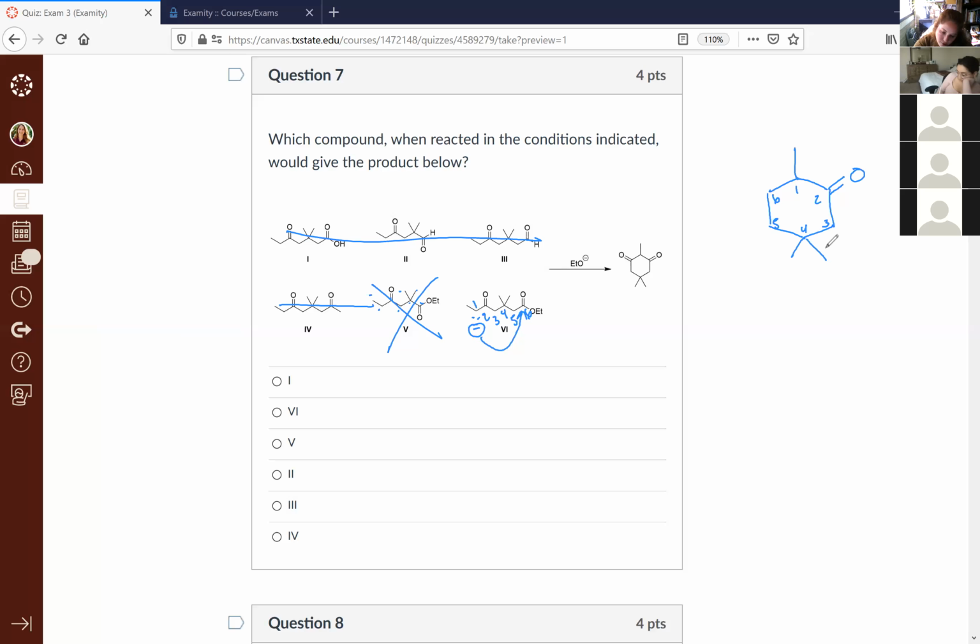Carbon 4 will still have both of those methyl groups. And then carbon 6 is going to have that negative oxygen and the ethoxy group. We reform the double bond, kick out the ethoxy group, and we end up with our product. So this is Claisen-like, because instead of having an enolate made from an ester, we made our enolate from a ketone.